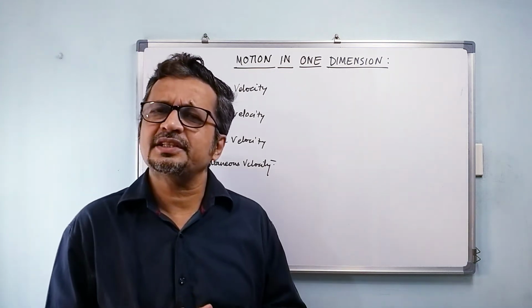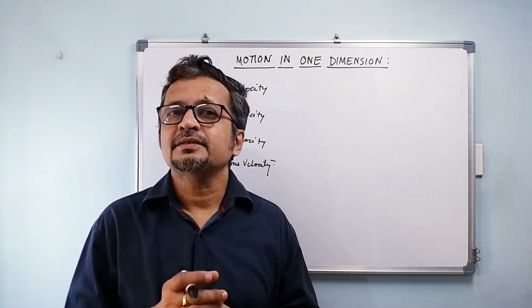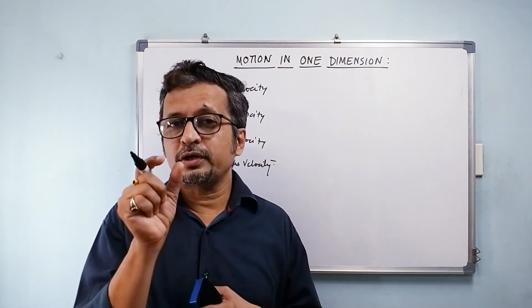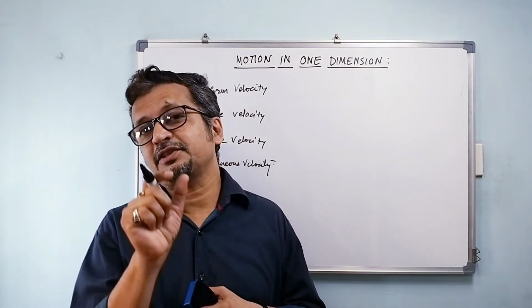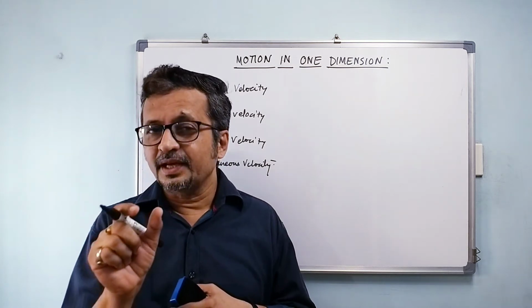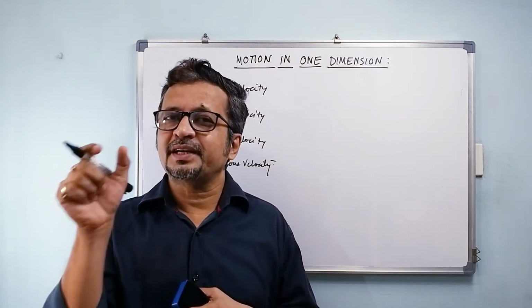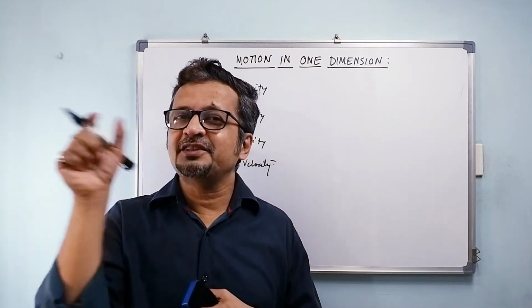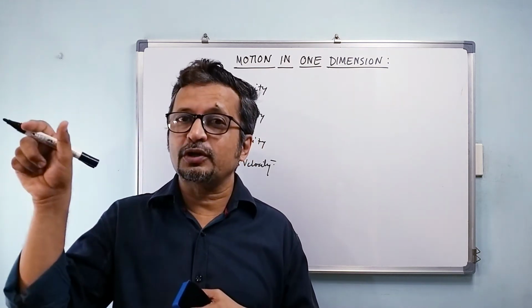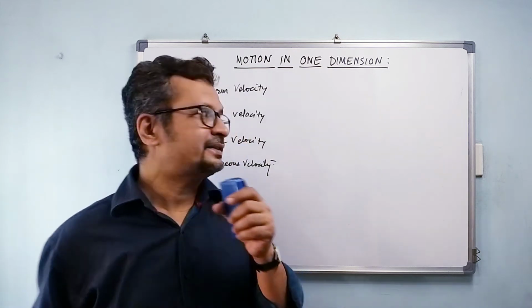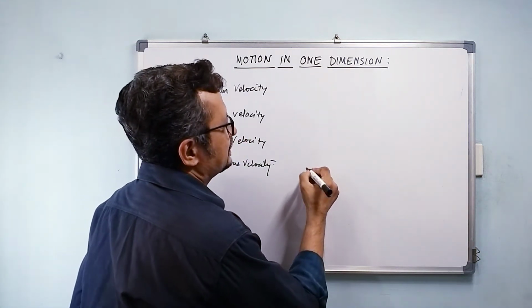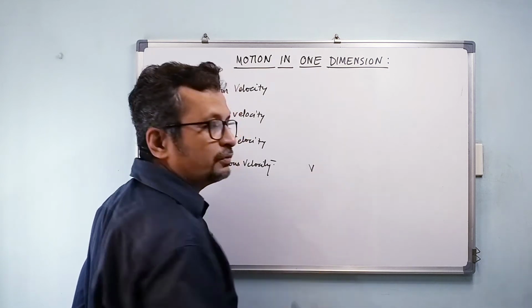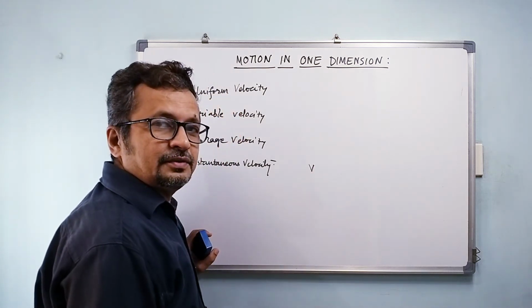And what about instantaneous? Instantaneous is again at that instant. So I take a very small interval of time, an infinitesimally small interval of time, delta t, and delta x bar is my infinitesimally small displacement in that small interval. Then as I had said in the last video, my velocity there was speed.